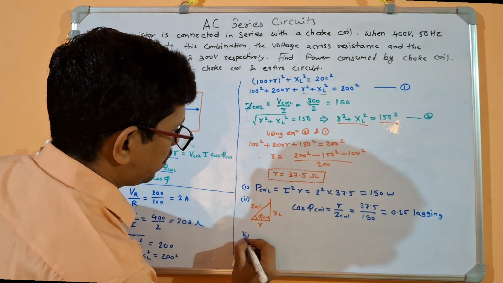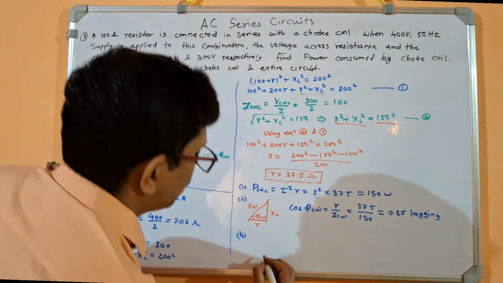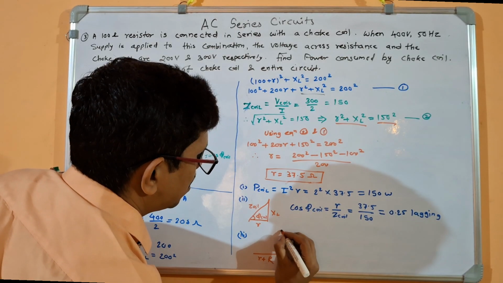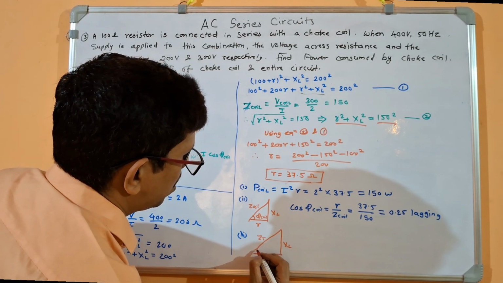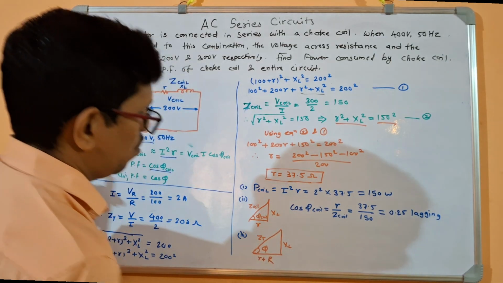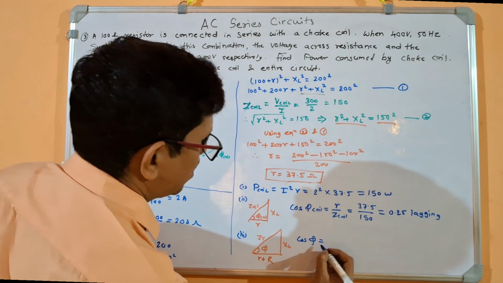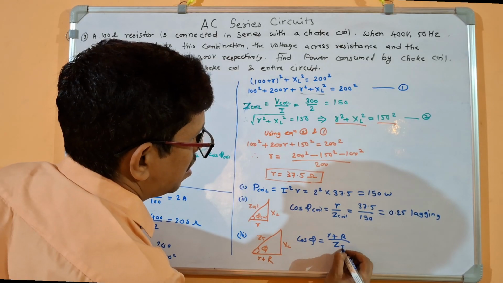Similarly, if I draw the phasor diagram for the entire circuit, this will be R plus r, this is XL, this will give me Z total and this is phi total. And therefore cos phi for the entire circuit will be R plus r divided by Z total.